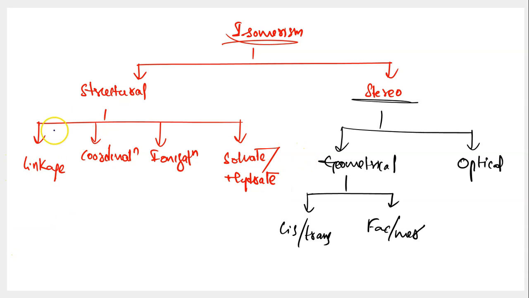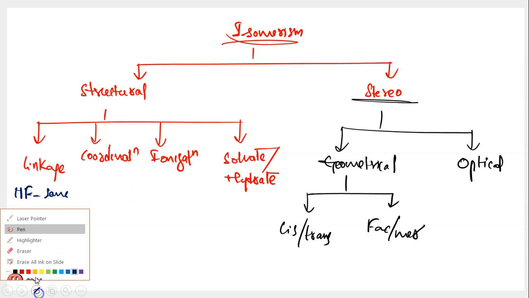In all these 4 isomerisms, the molecular formula of the complexes is the same, but the way through which the ligand is connected to the central metal is different. In linkage isomerism, the point of difference is whether the first atom of the ligand or the second atom of the ligand is acting as a donor.